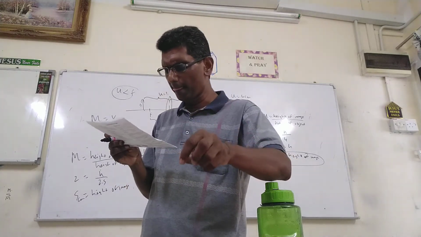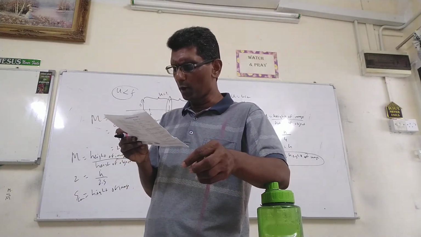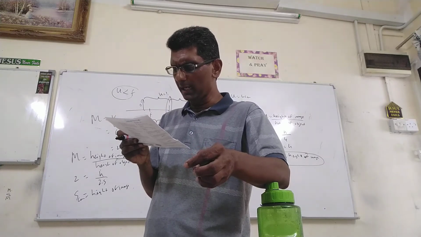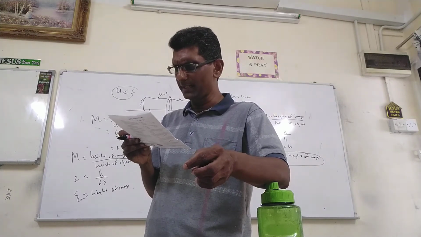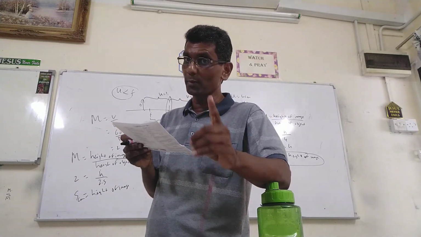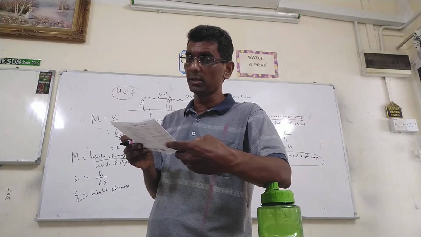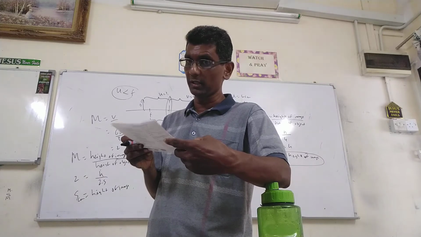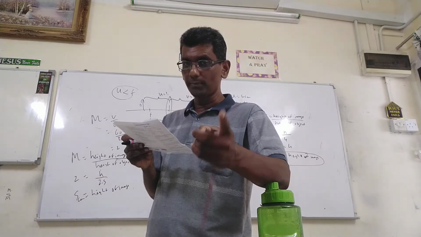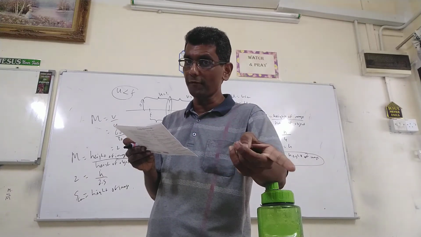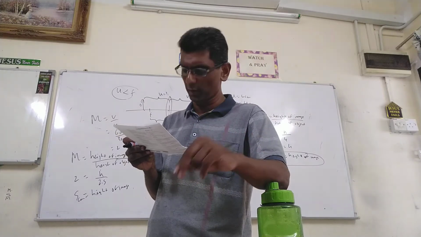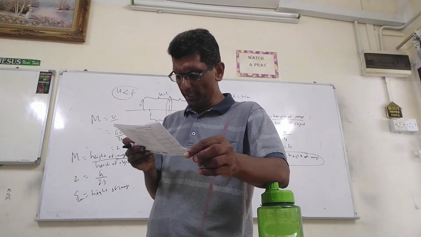Question number 19. For a compound microscope, which we learned last week, the object distance is between f and 2f. Question 20.